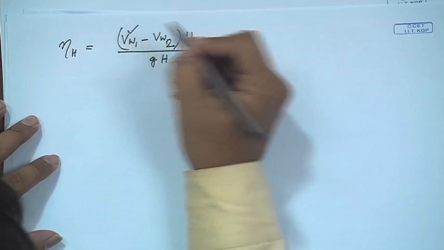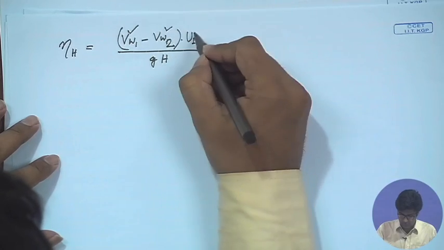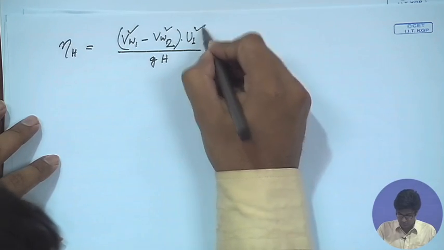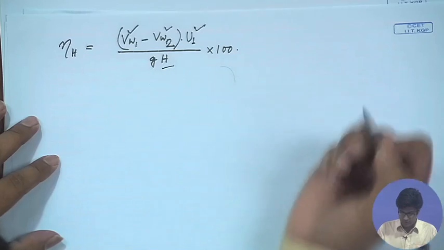So, right now we have known the values of V w 1 and V w 2. We know the value of the peripheral velocity of the blade, we know the net head available.